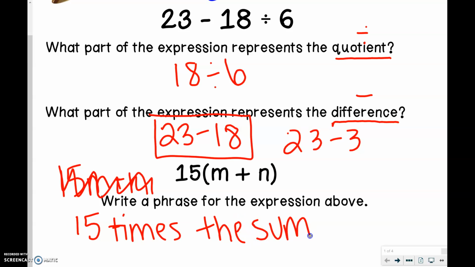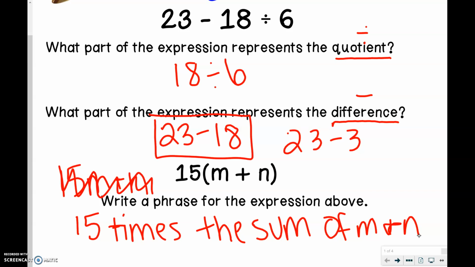And we have to say the sum of m and n because if we had numbers here, like if m and n were different numbers, you would be doing the parentheses first to solve. So that means you would find the answer to that addition problem first. And that's what the sum means, the answer to an addition problem.